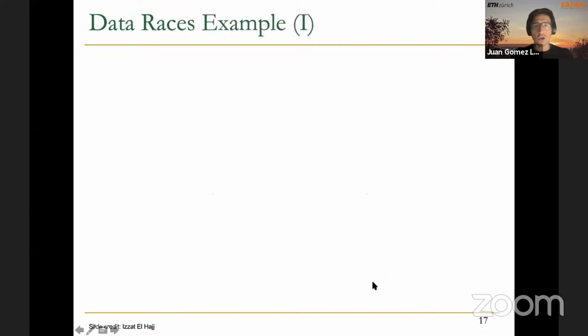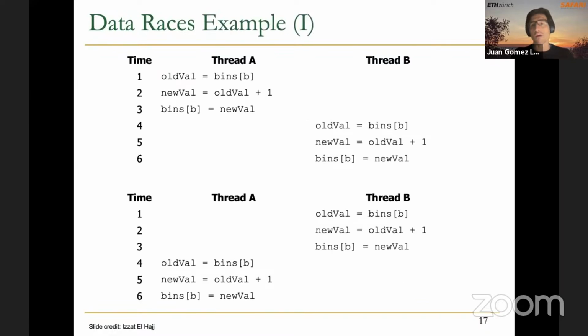And let me show you actually two examples here in this slide. In the first case, thread A executes all 3 instructions, and then thread B starts the execution of all 3 instructions. And the second example is the other way around.